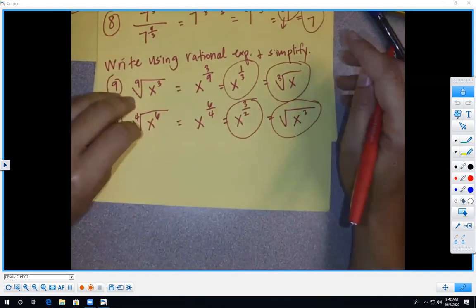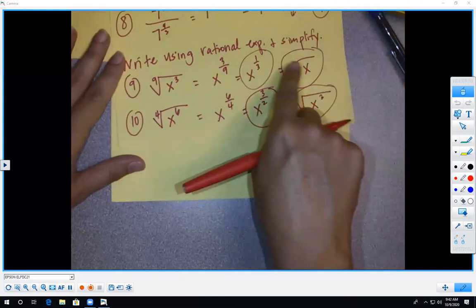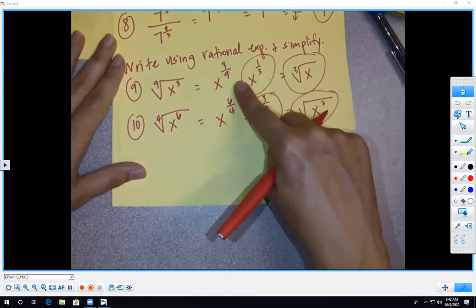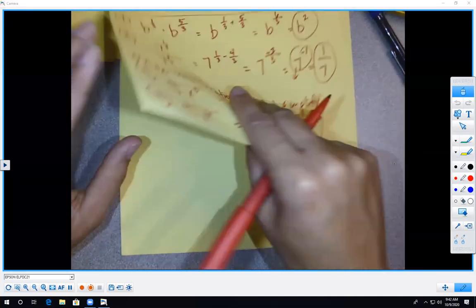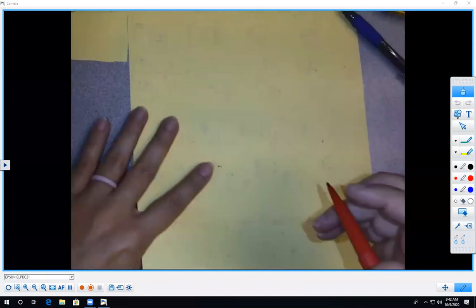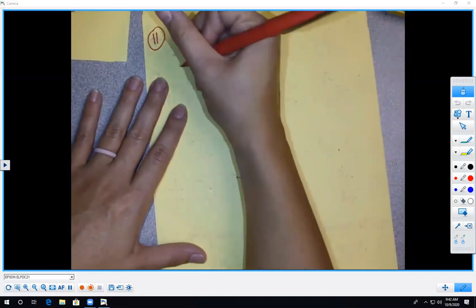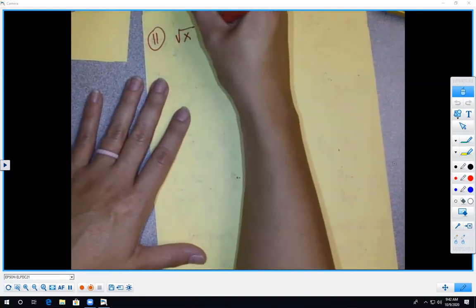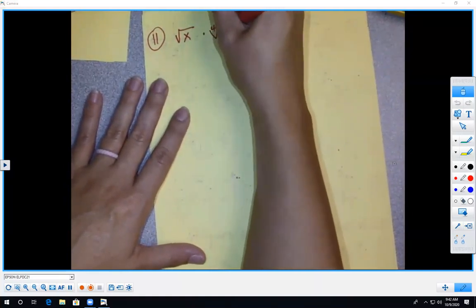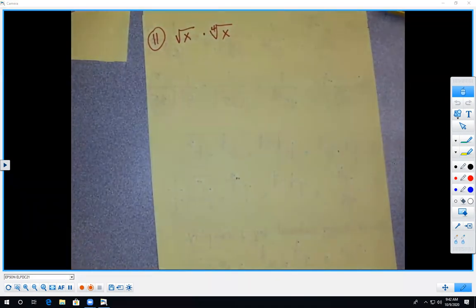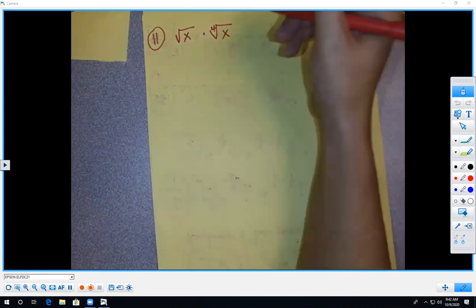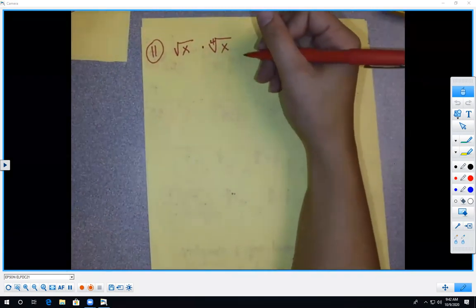Okay, so let's put both of those things together: writing with rational exponents and then using exponent rules to simplify. So if I had the problem, the square root of x times the fourth root of x. You can't do anything with them how they are.